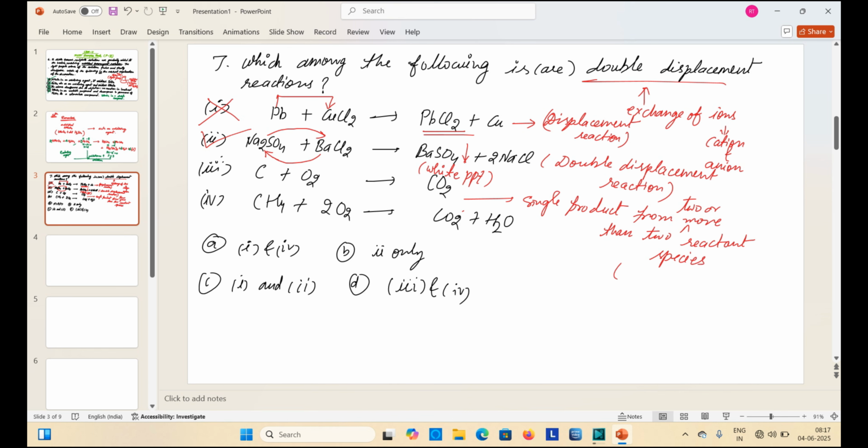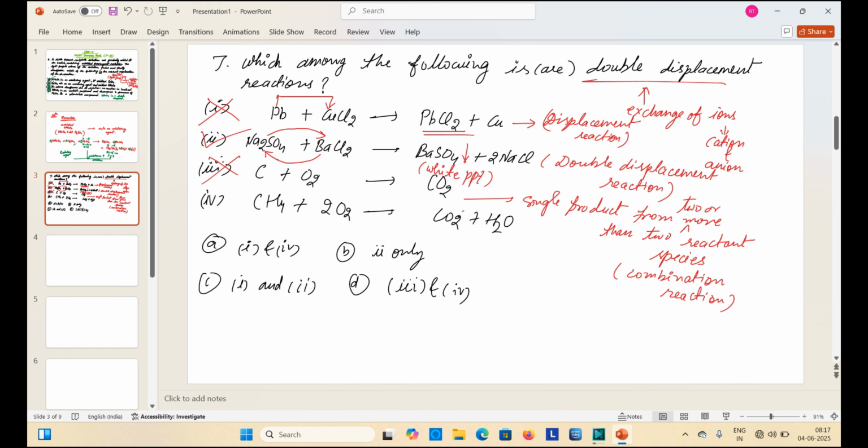So it will be a kind of combination reaction. It is not a double displacement reaction. You are getting a single product from two or more than two reactant species, so it is a combination reaction, not a double displacement reaction.